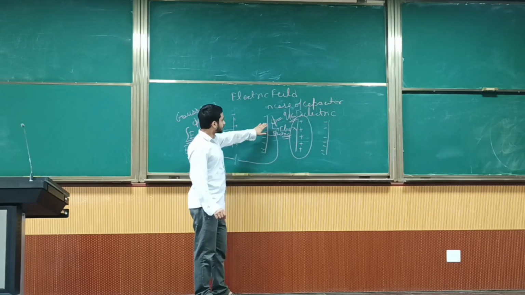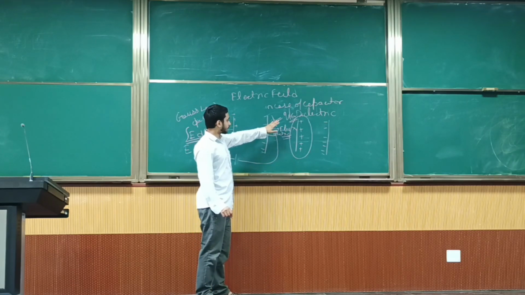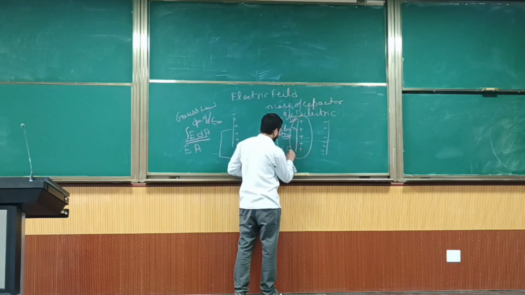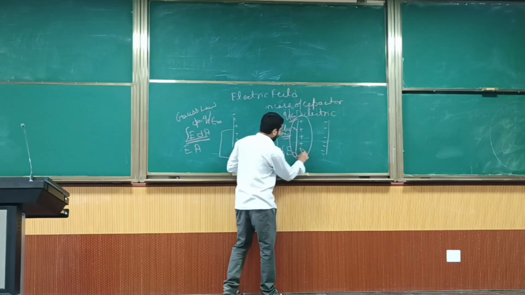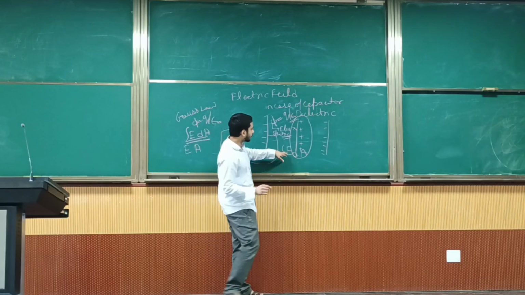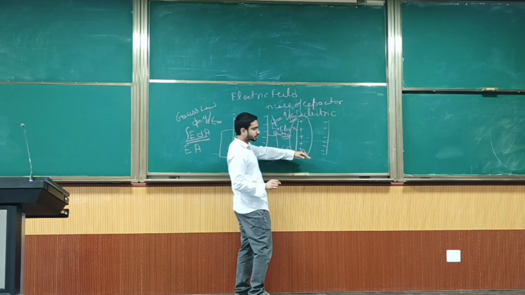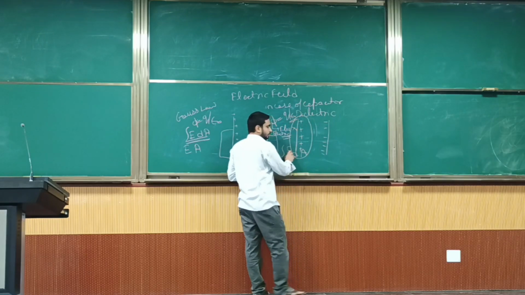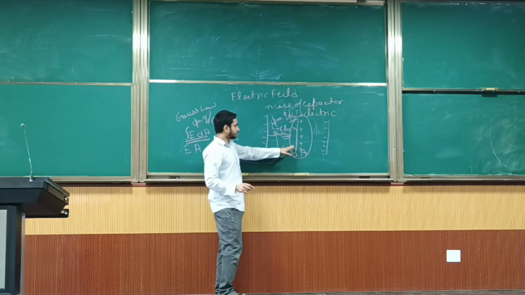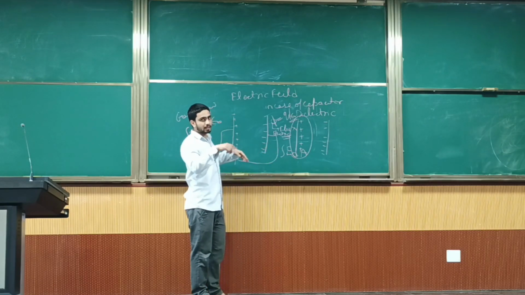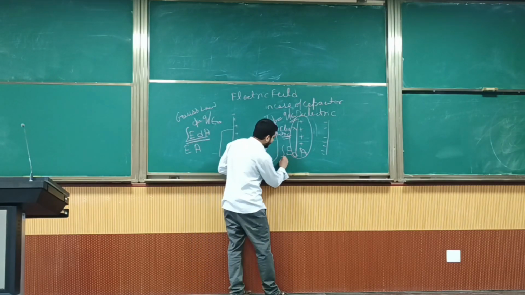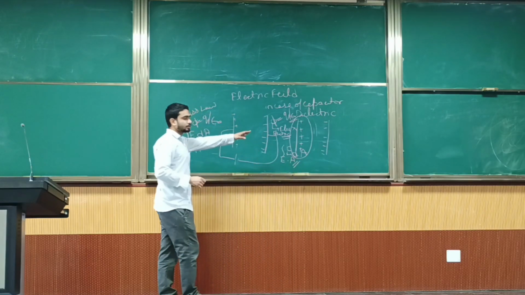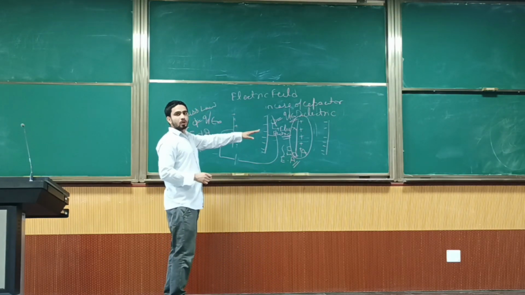So from this we see that phi becomes Q upon epsilon naught, but phi is also the integral of E dot dA. E is the electric field in this closed surface and dA is the outer surface area of this surface. If we integrate over the whole surface, we get E into A, because we are considering that the electric field from this plate of the capacitor is constant.